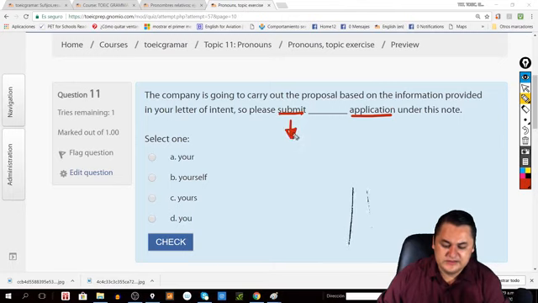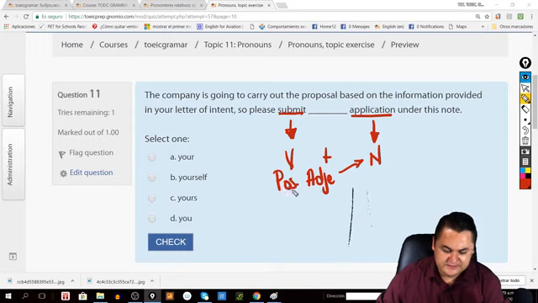In this exercise, we have a verb, submit, application, which is a noun, and a verb. So here, I'm going to have an adjective. It is going to be a possessive adjective. The possessive adjective in this case is your.